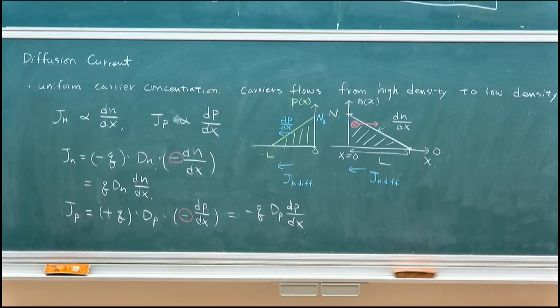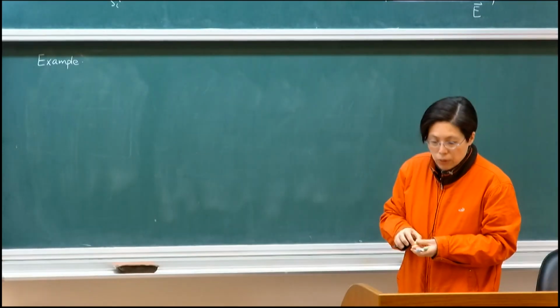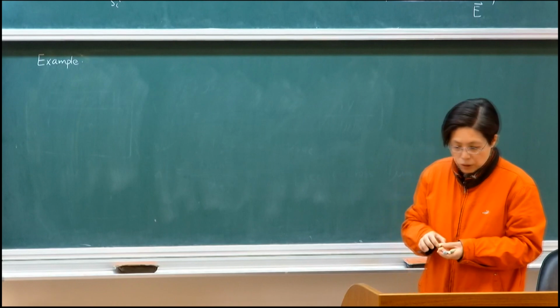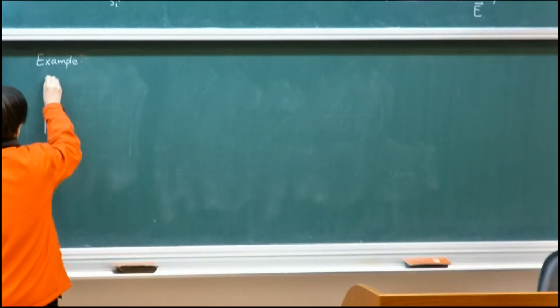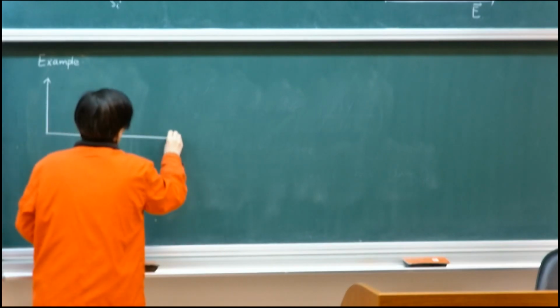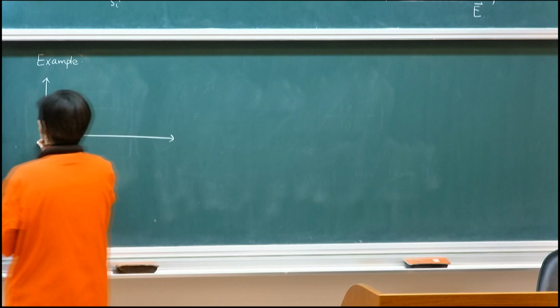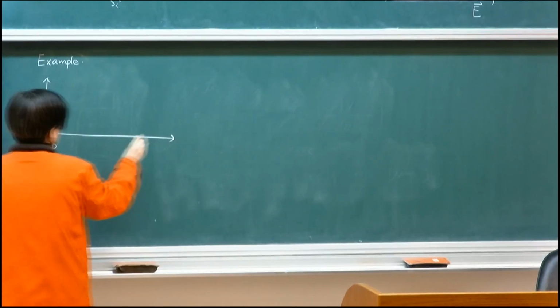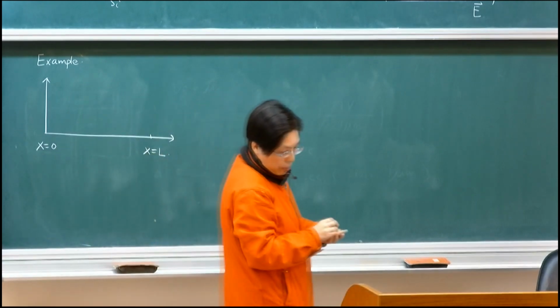If a particular structure is given, you should be able to find the amount of diffusion current, and drift current as well. Let's just do the diffusion current here. Let's say I have a material at x equals 0 and at x equals L. Let me give the numbers.